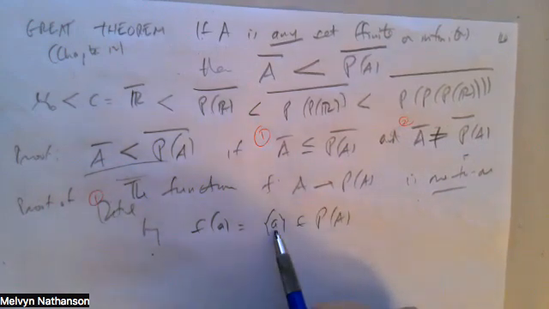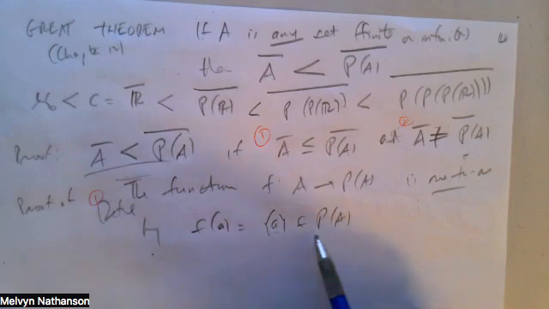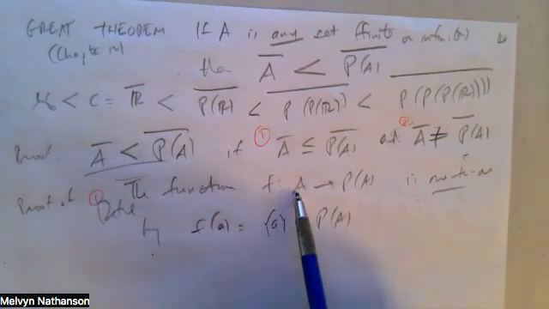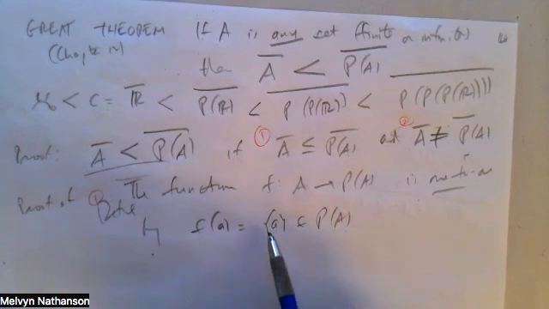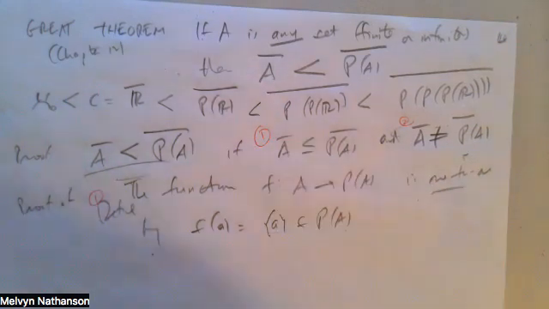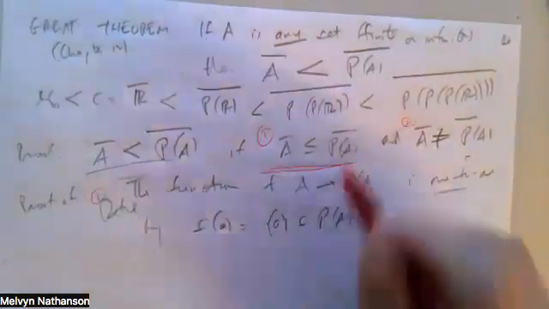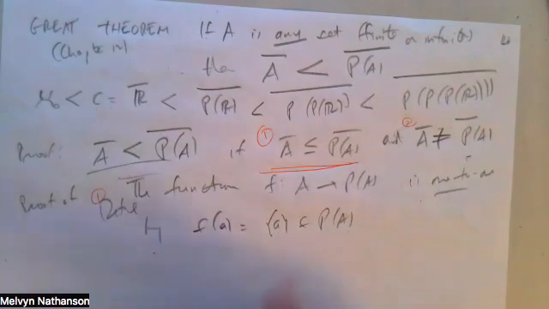This one element set is a subset of A, so it's in the power set of A. So you send every element of A to the one-element set containing a. And that's a 1-to-1 function. And that proves, therefore, the size of A is less than or equal to the size of the power set of A.